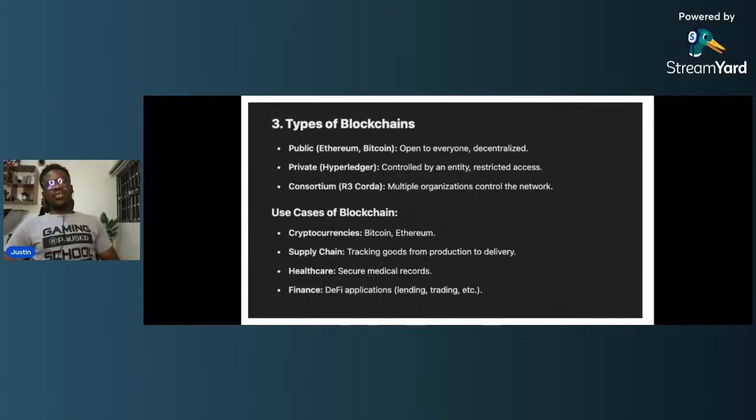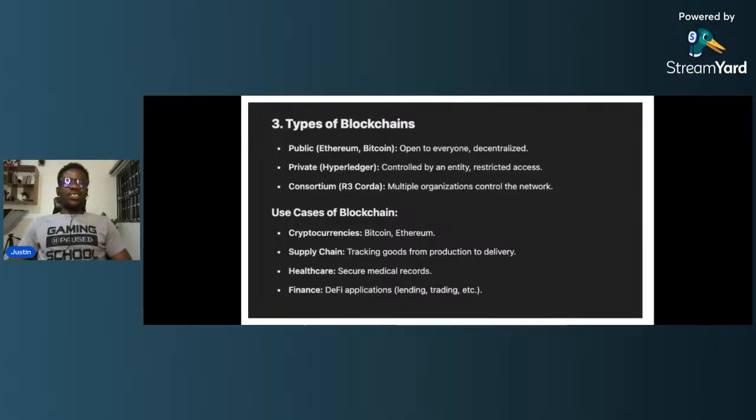All right, so we have different types of blockchains: public, private, and consortium. All I know about blockchain is the public, but my knowing about public blockchain doesn't mean the others don't exist. Public ones are Ethereum and Bitcoin, but they are not the only blockchains.